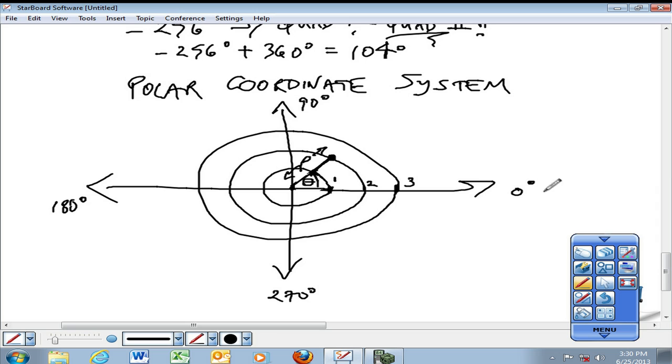Actually, in this case, let's nail it as degrees since we've already set up our quadrant system. So there's a certain quantity of degrees from this 0 line out to rho, or the distance going out to this particular little dot.